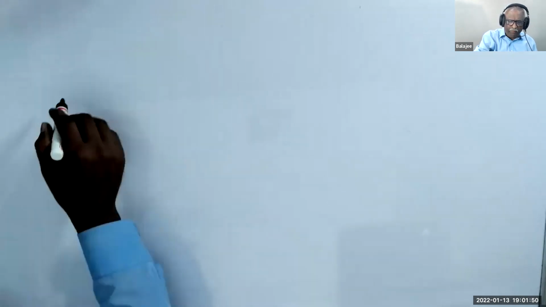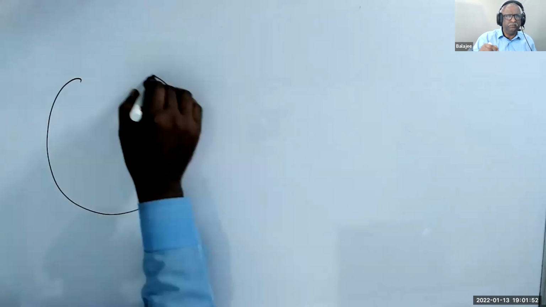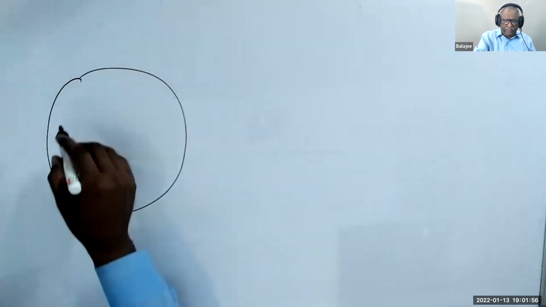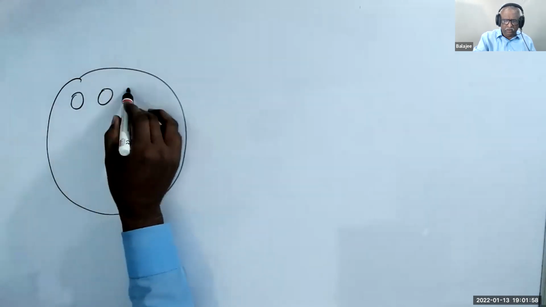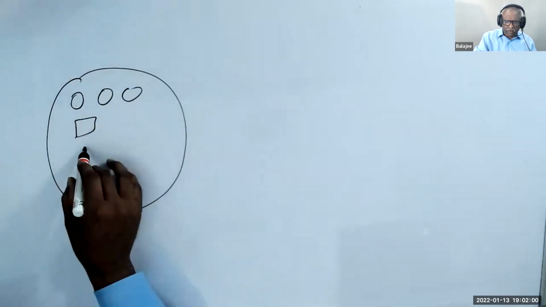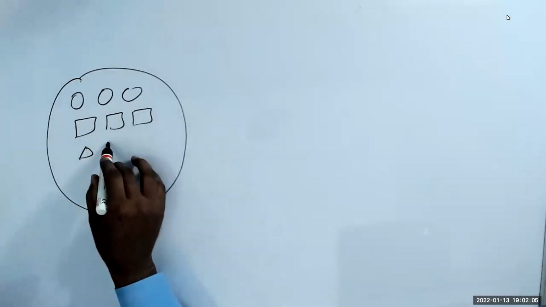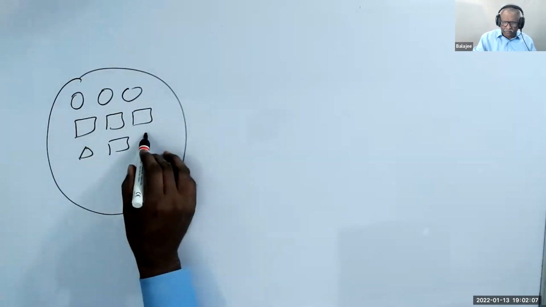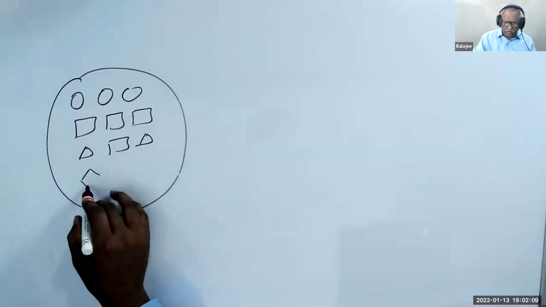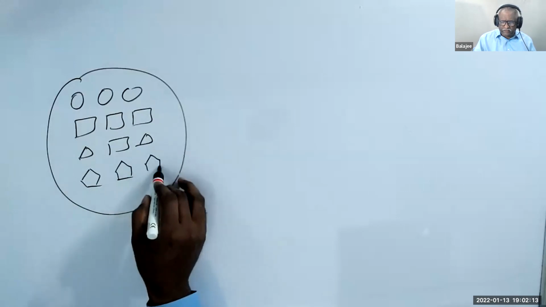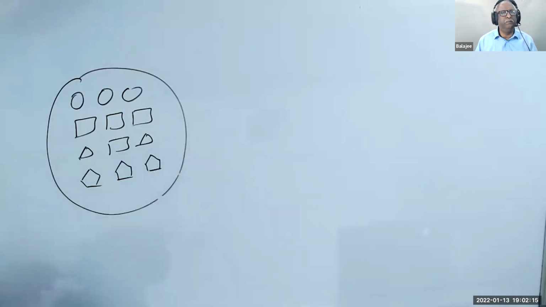Let us take a small example. I have a box. The box has so many shapes: circle, square, triangle, pentagon.